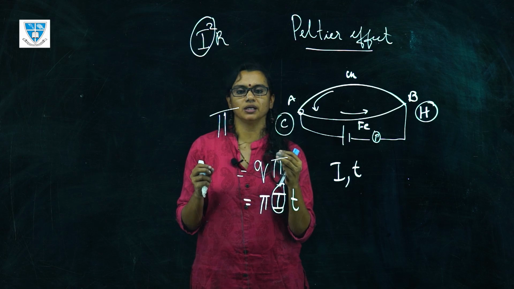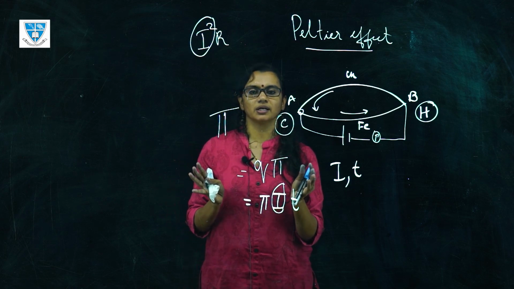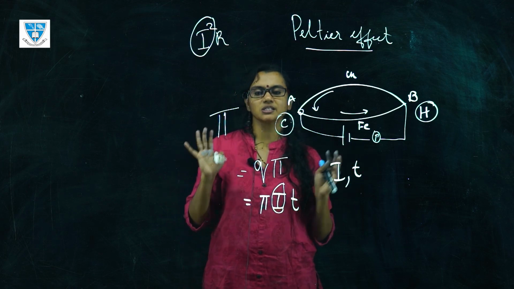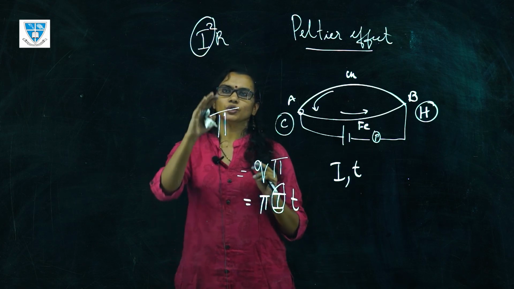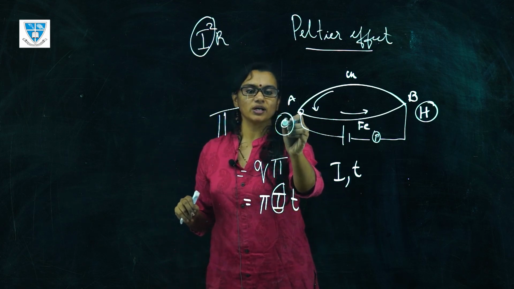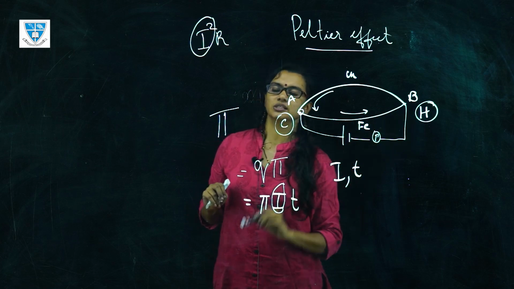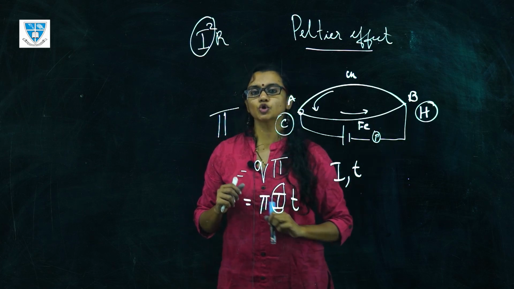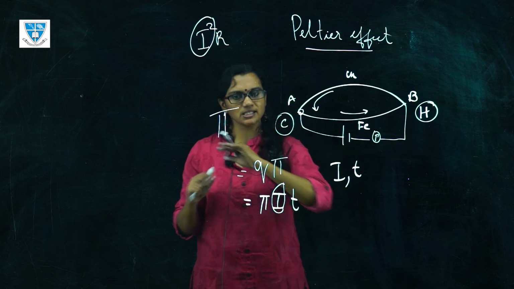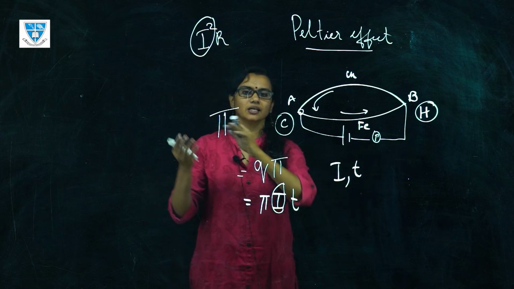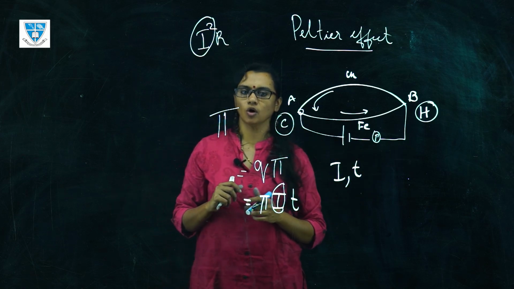You have a supply, you pass current through the given conductor, and heat is absorbed or liberated. In this case one junction is getting cold and the other junction is getting heated, whereas in Joule's heating this doesn't happen. The entire conductor gets heated rather than one end becoming cold and the other end becoming hot.